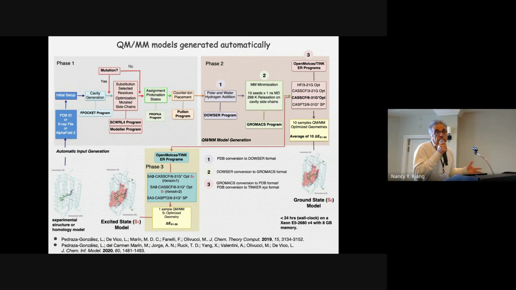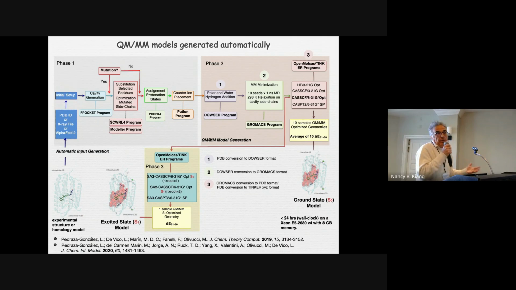Basically, you input a structure, which could be an X-ray crystallographic structure, a cryo-EM structure, or a homology model structure, and automatically the program produces this QM/MM model.